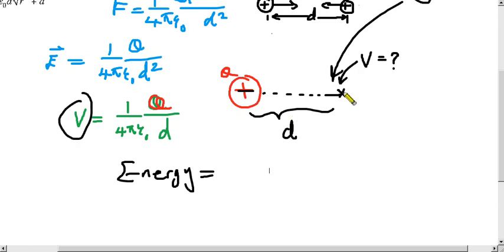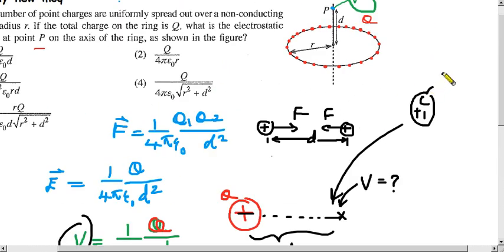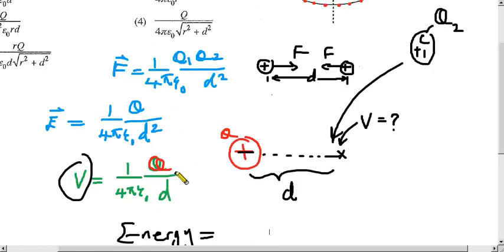This second charge is Q2, and this Q2 is equal to 1 coulomb. Therefore it is not included in the equation, because multiplying by 1 is meaningless to write. So Q2 is 1, and it does not appear in this equation.